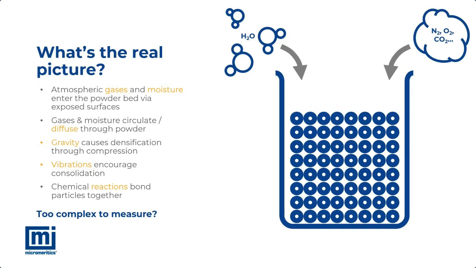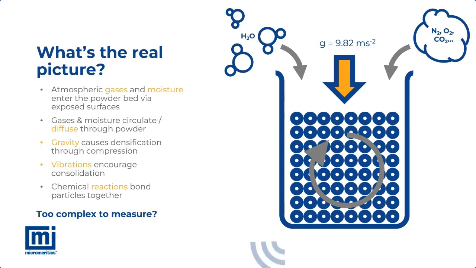Gravity will also apply some force, crushing the lower layers of material due to the weight of the powder above, and any vibrations will exacerbate this process by making it easier for particles to slip down. Finally, we may observe chemical reactions fundamentally altering the properties of the particles.